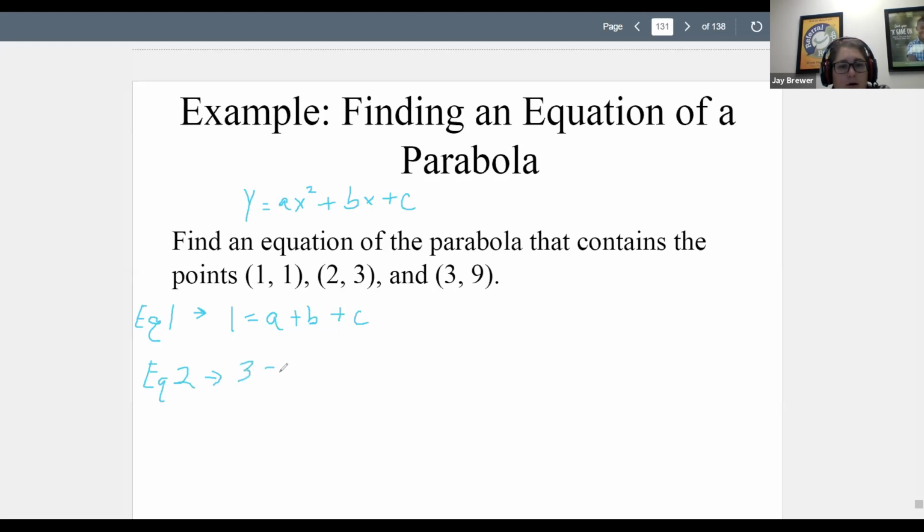So 3 is our y. 2 squared is 4, so 4a. 2b plus c. Equation 3. We get 9 out. 3 squared is 9, so 9a.